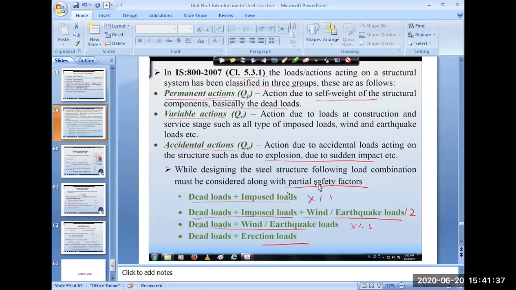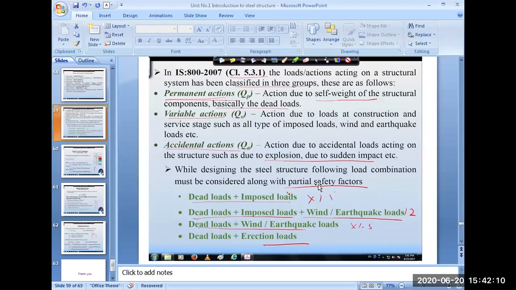Then the third is the accidental action. It is action due to accidental load like explosion or sudden impact, and this also has to be taken care of. Such accidental action may happen at our site.